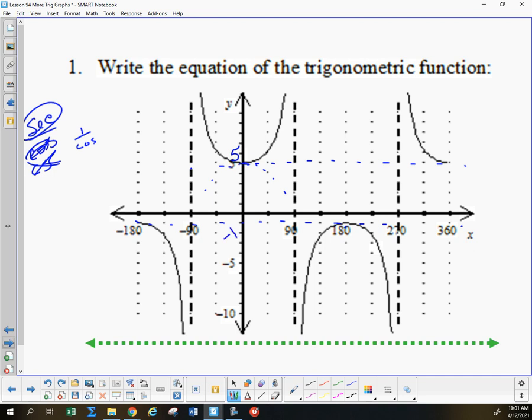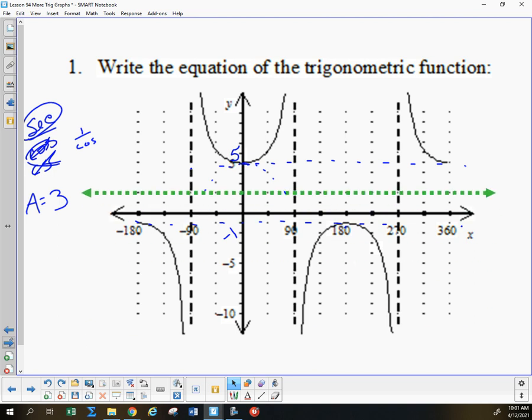So if I were doing cosine, the max would be at 5 and the min would be at -1. How far apart are those? 6. So my amplitude needs to be 3, and my center line needs to go halfway between that -1 and that +5. So my center line needs to go at 2.